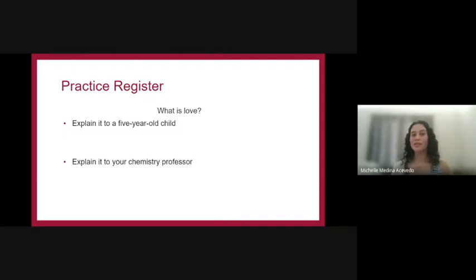Whereas the chemistry professor is someone who is well-informed, who has studied a lot, who is a specialist in their field. How can we describe what is love? So just one sentence, how can you tell them what is love?